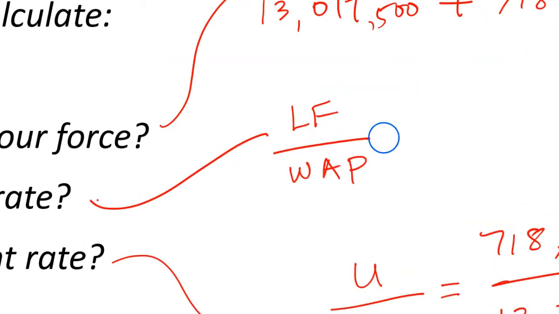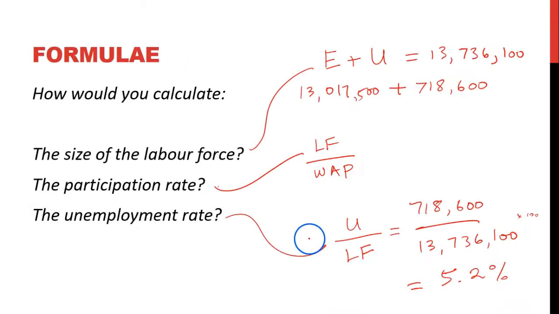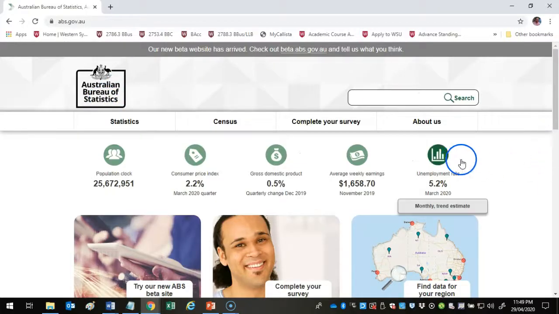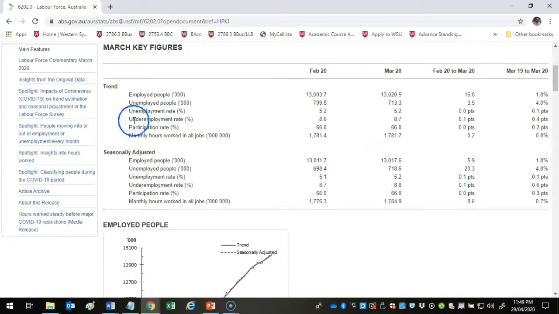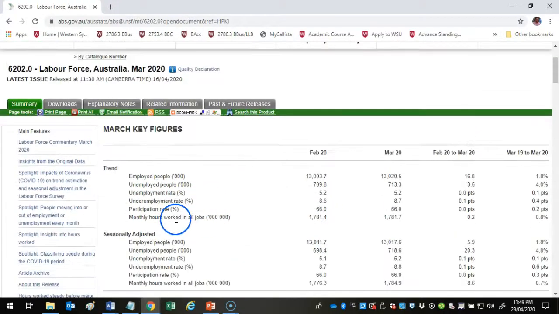But let's go back to this question here. How do we find this? Let's go to the Bureau of Statistics website and have a look. So here we are again. We'll go back into the data here. Now, the data here doesn't show us what we want.